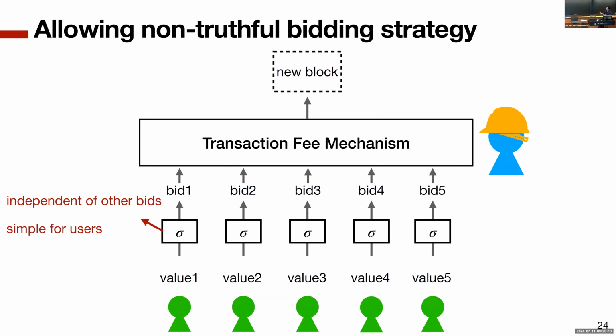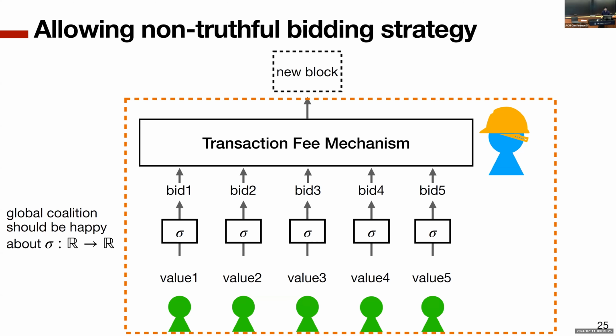Maybe in the case of the first price auction, you just adjust your bid by a constant fraction of your true value. It's independent of others. If the global coalition is happy about the outcome when everyone bids according to this simple bidding strategy sigma, then we're fine with it.